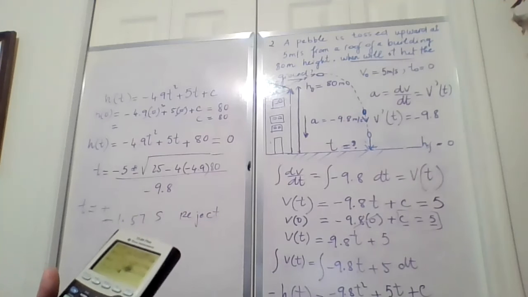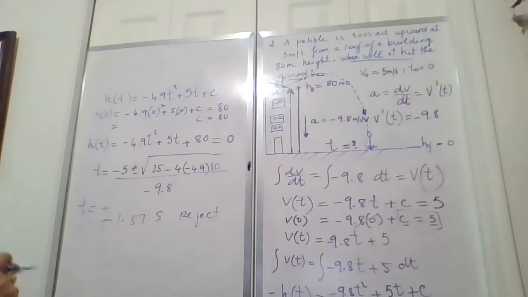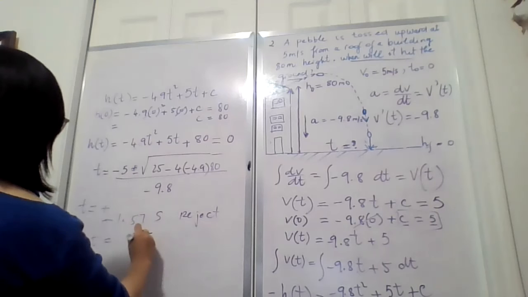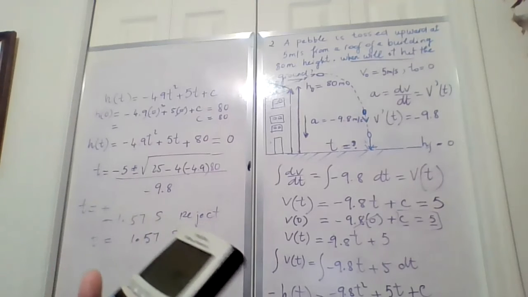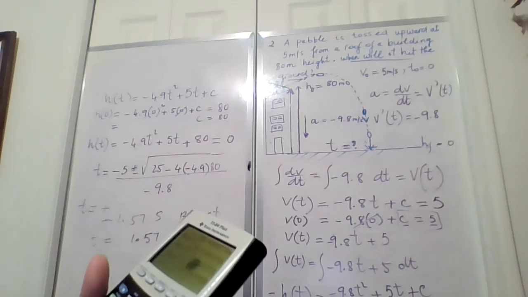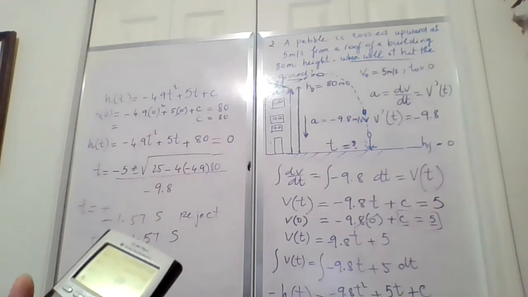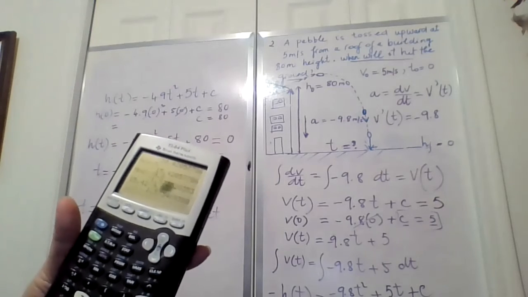So I just use a positive divided by positive right now. We get 1.57, exactly the same, but positive. So it takes 1.57 seconds for the object to fall from the building to the road. So that is our answer.